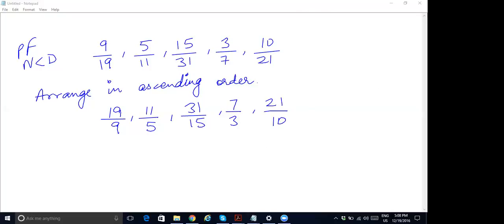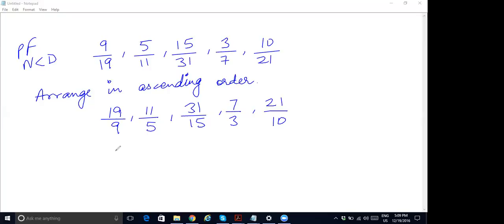Now, the values which are smaller initially will be greater now because we have taken reciprocals. Now, you will always find a general sequence, a pattern associated with these terms.